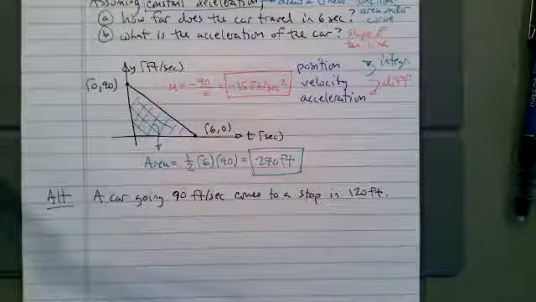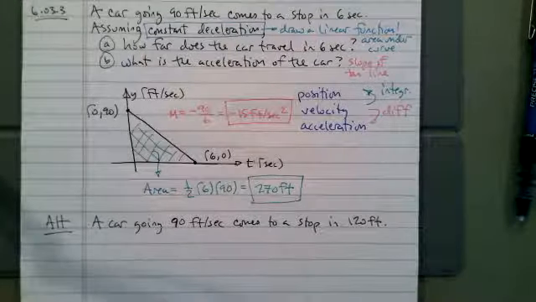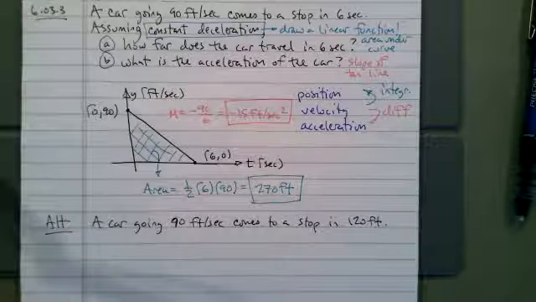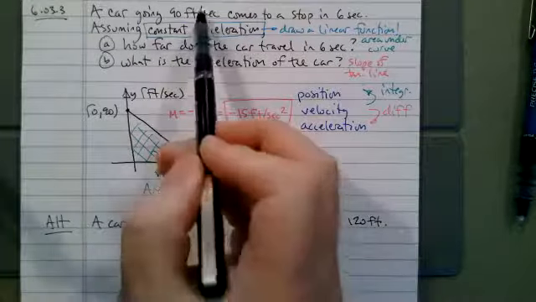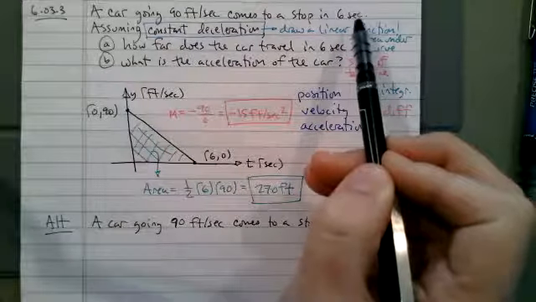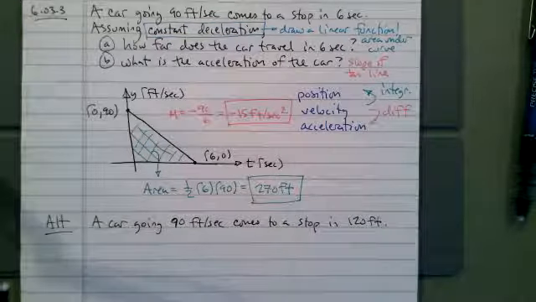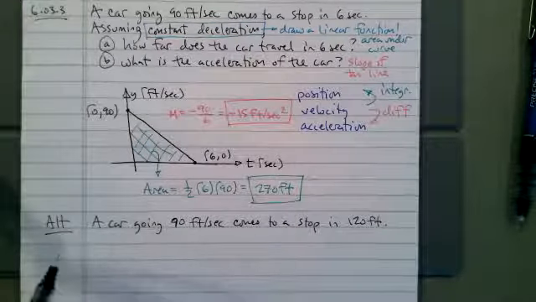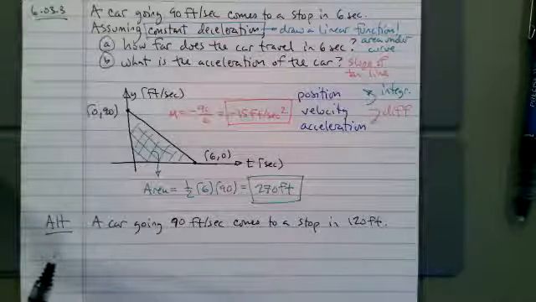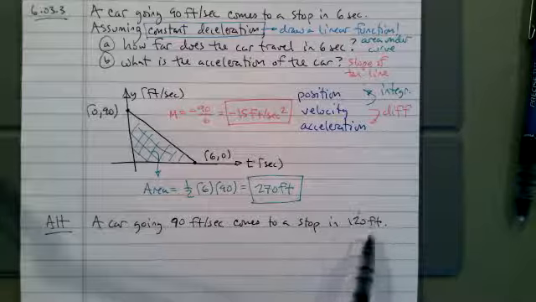So we have a different setup of information. In the first case, the given information was the initial velocity and how long that took in seconds, and then we had questions about distance and questions about the slope of the tangent line. In this alternate version, I've just given two different pieces of information. I've said the car going 90 feet per second comes to a stop in 120 feet.